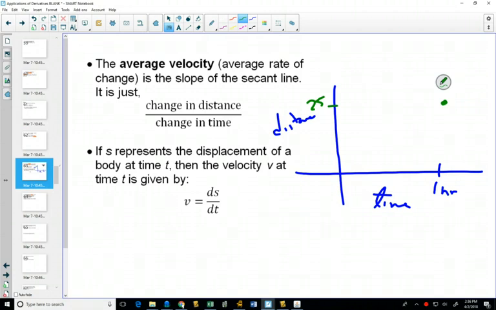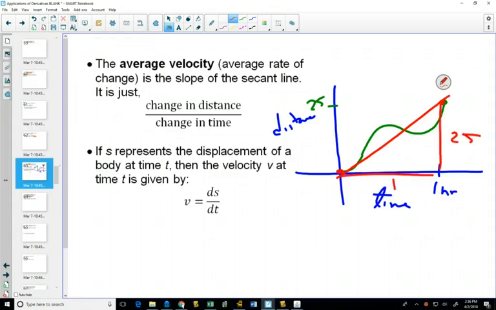Well, along the way, it might have looked like this. Maybe something like that. So if I figured out my average speed, well, my average speed would be the slope of this line. From here to here, what's the slope of that line? A rise of 25, a run of 1 hour, 25 kilometers per hour.